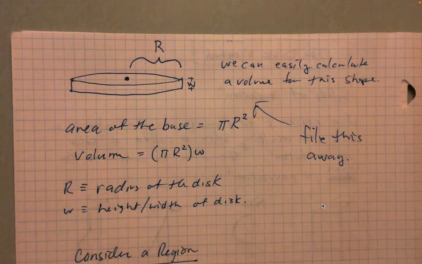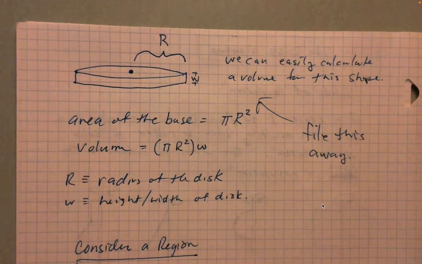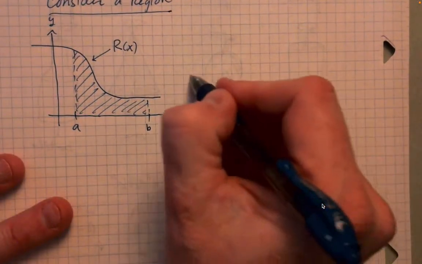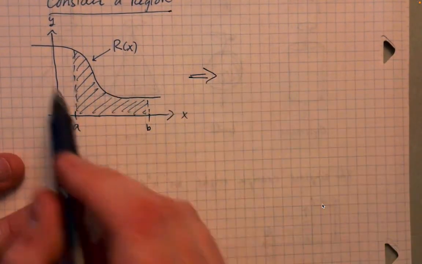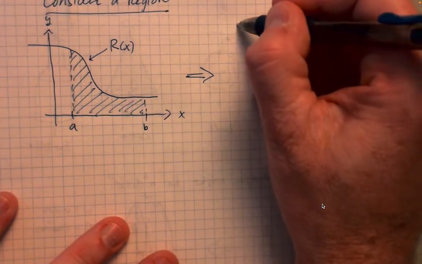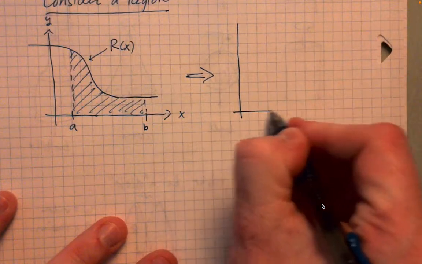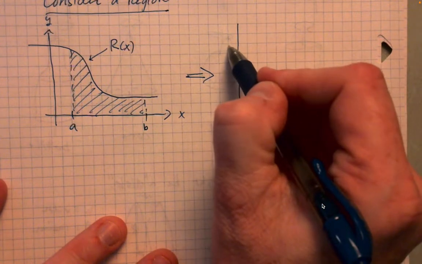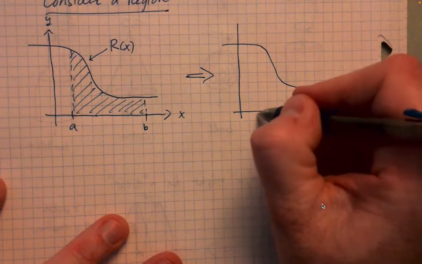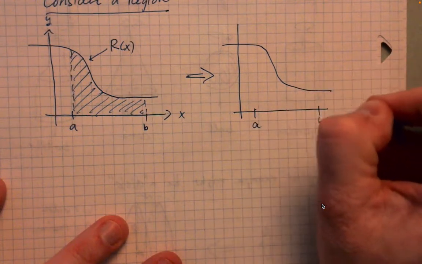Just link those two in your mind loosely right now. But first let's break this area down a little bit more, and then we'll see what happens when we start to mess with it. Right, so just redrawing the same picture, trying to make it look similar. Okay, so I've got my region between A and B.